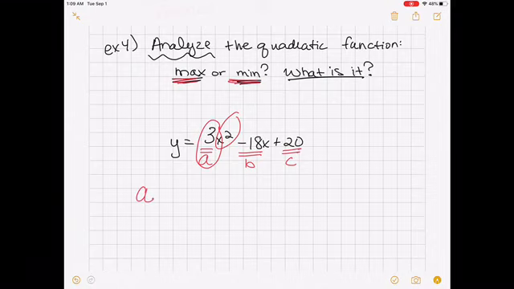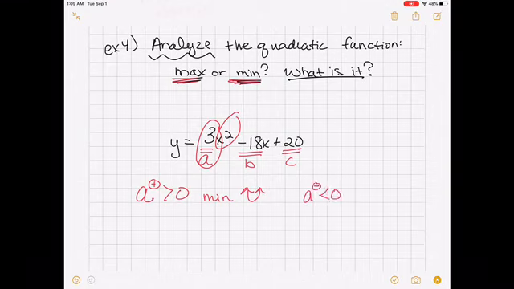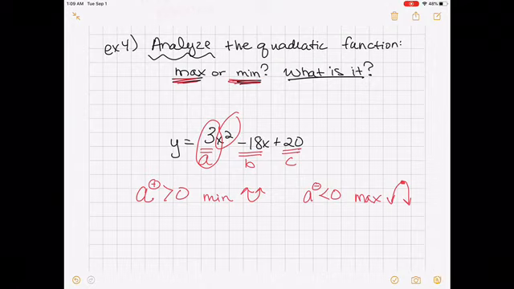So remember, if A is positive, or greater than 0, we know it has a minimum because it looks like this. And if A is negative, or less than 0, we know it has a maximum because the shape looks like this, and the vertex would be at the very top, which would be a maximum value.